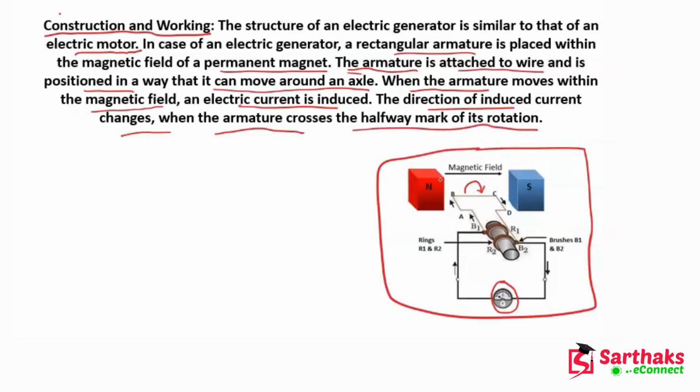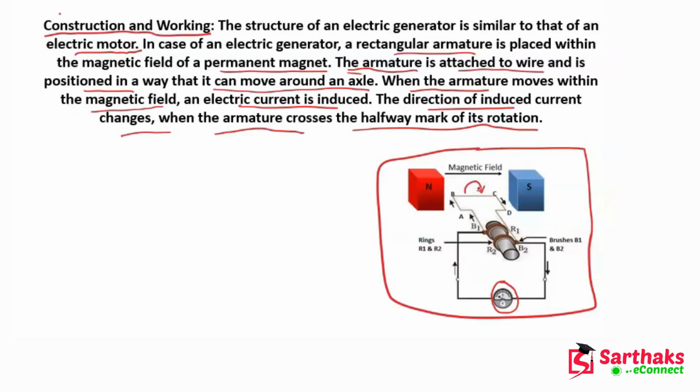So guys, let me explain the working of this generator. Then you will also understand the meaning of these lines. So basically, what happens when we rotate this armature? Let's suppose I'm rotating this armature clockwise in this direction.